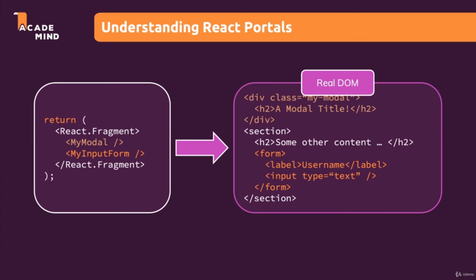So on the left, the JSX code we write hasn't changed, but the rendered HTML code is a bit different from our JSX code. So the modal there is not next to the form. And you can achieve this with React portals. So let's see how portals work.